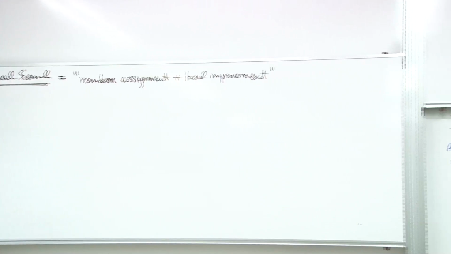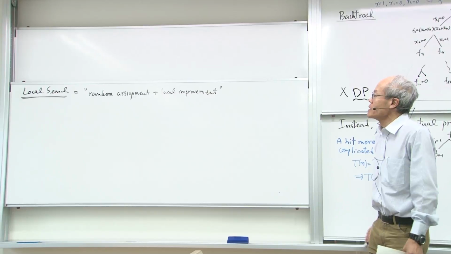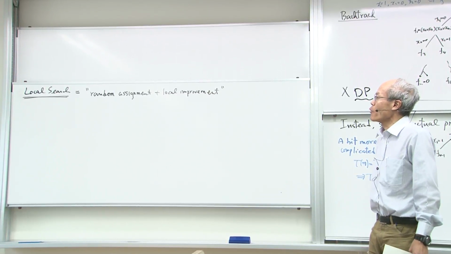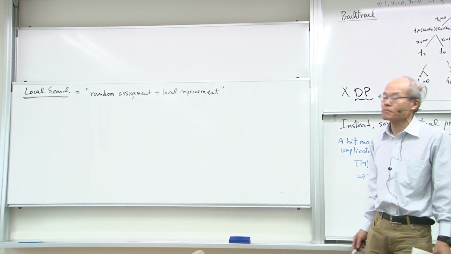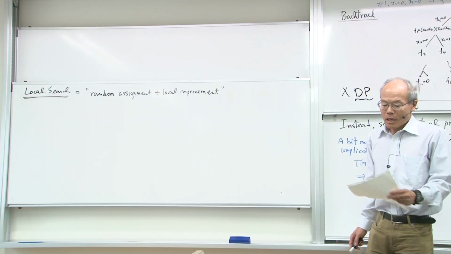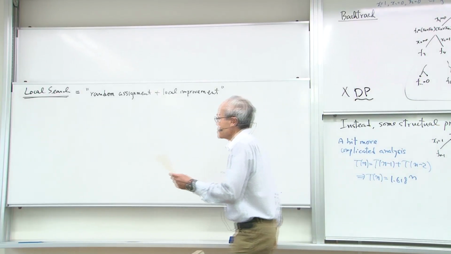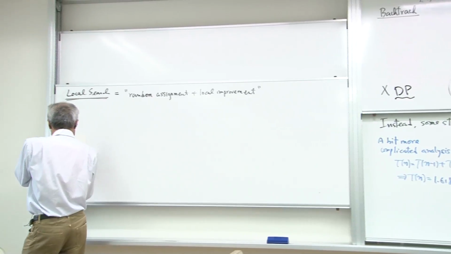This is my single word explanation of local search. That is random assignment plus local improvement. Okay, I'll show you what this means.